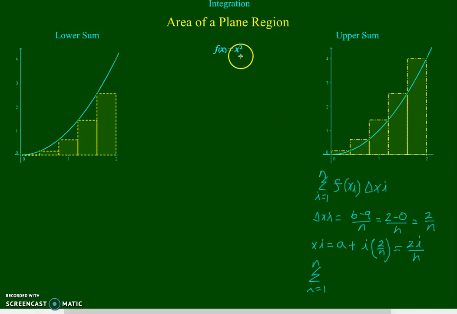F is x squared, so it's 2i over n, squared, because it's that x value squared, times the width of the subinterval, delta x sub i, 2 over n. Now it's just a case of simplification and then working out our sum.